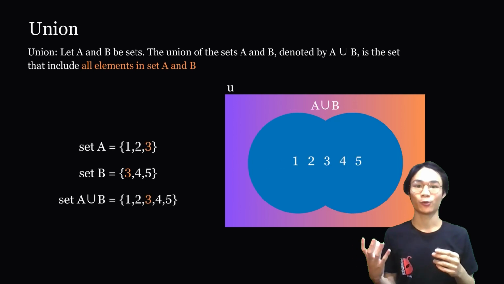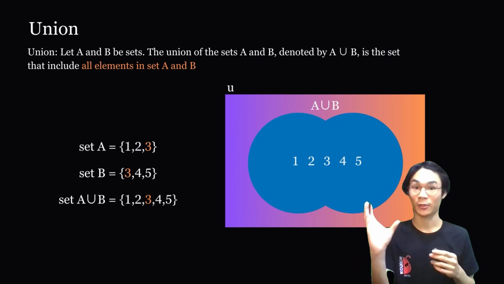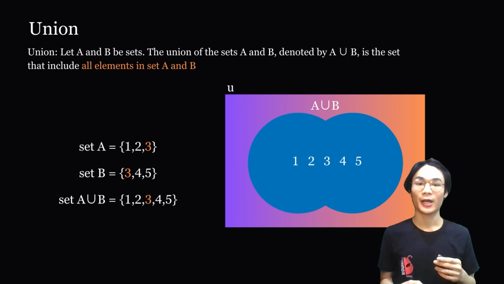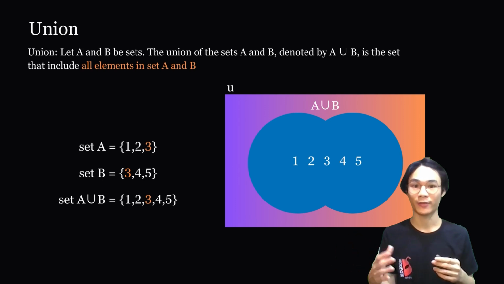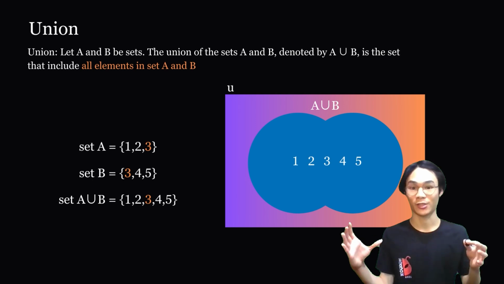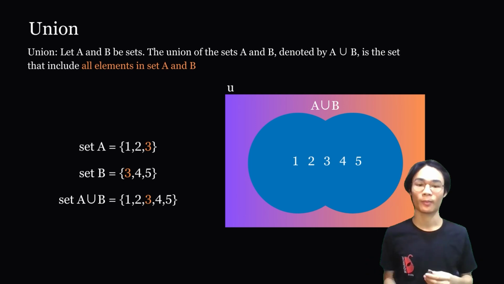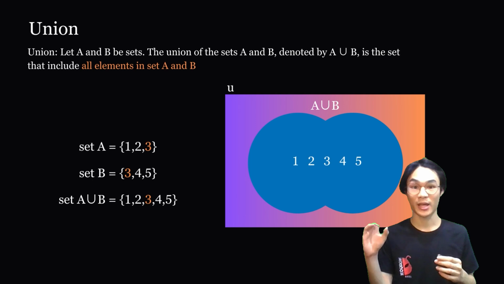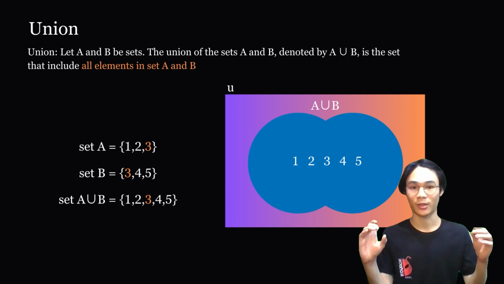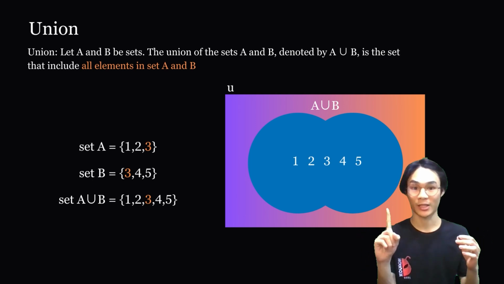A union B is denoted by the symbol A, capital U, which stands for union, and B. And the answer is going to be a set that includes 1, 2, 3, 4, and 5, which is the elements of A combined with the elements in set B. And be careful that if there are the same elements in set A and set B, we only return them one time.